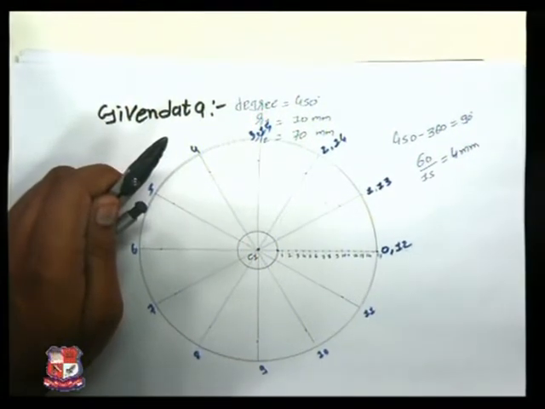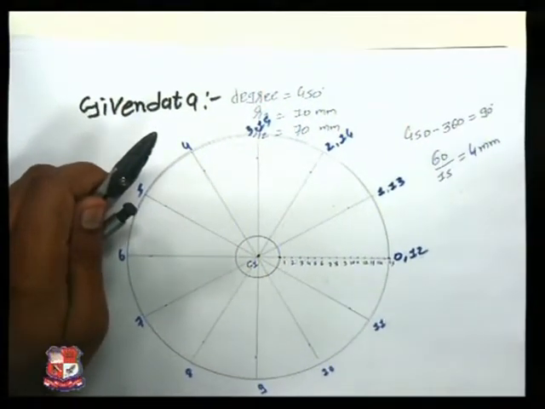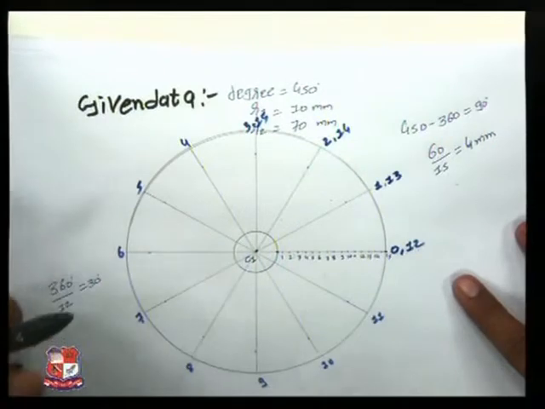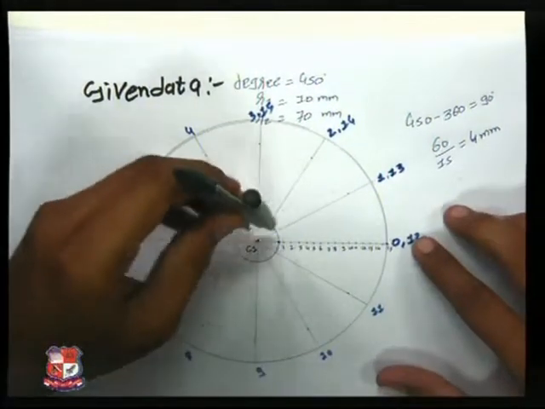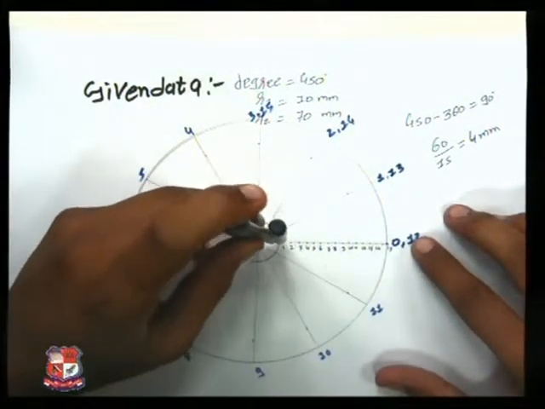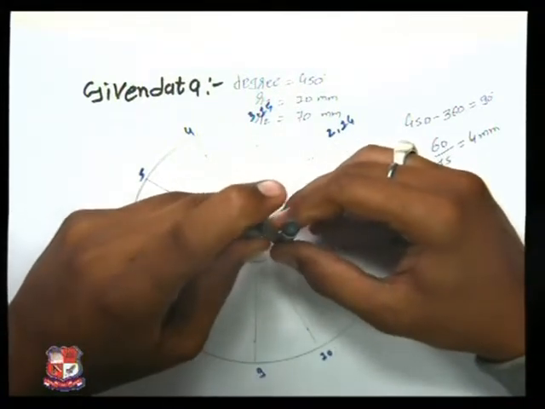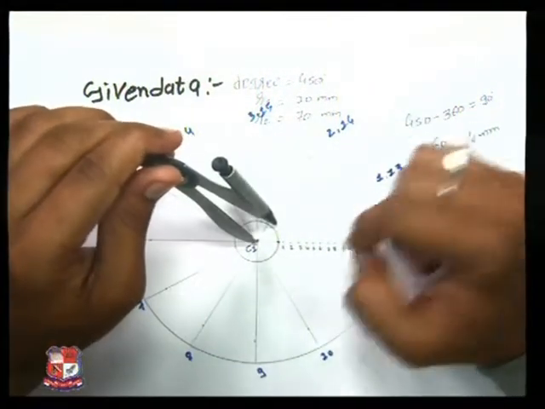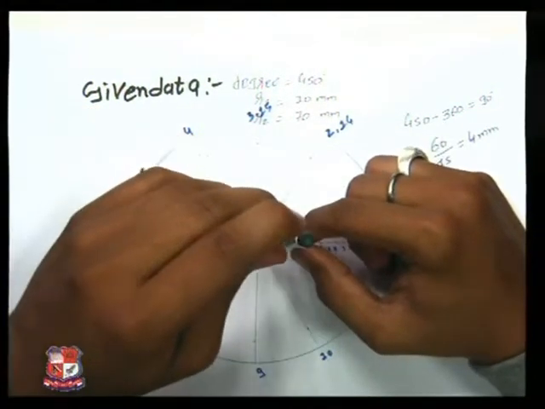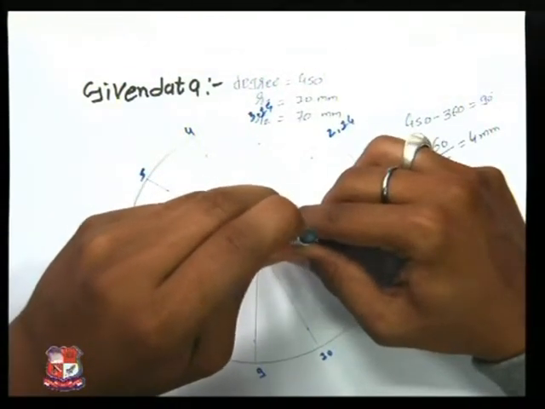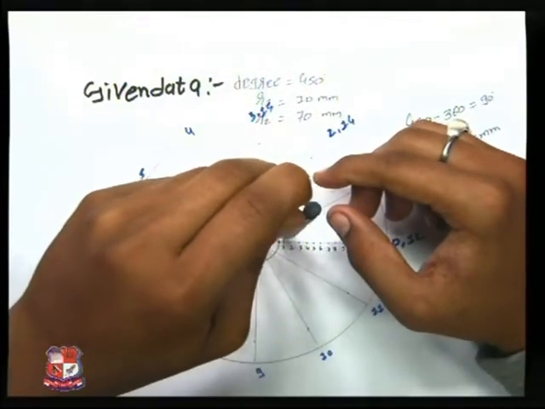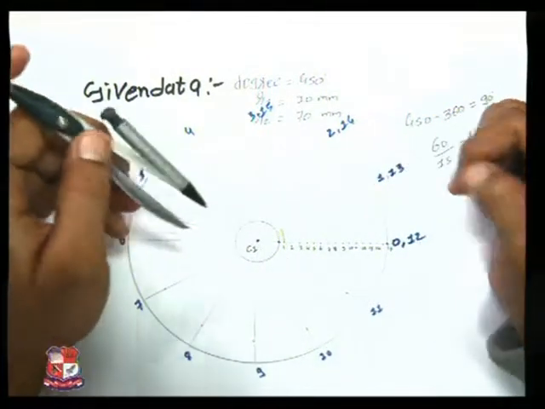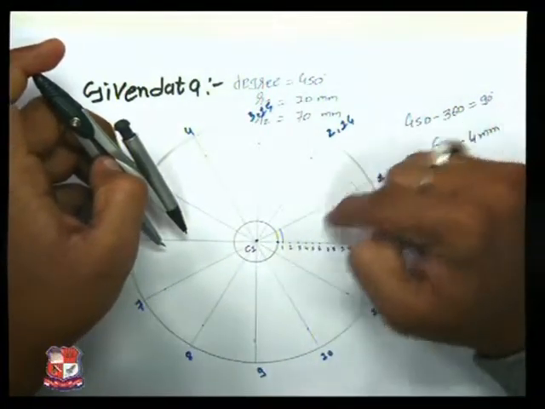Now take C1 as center. C1 to point number 1 as radius. Draw a continuous arc till this line.